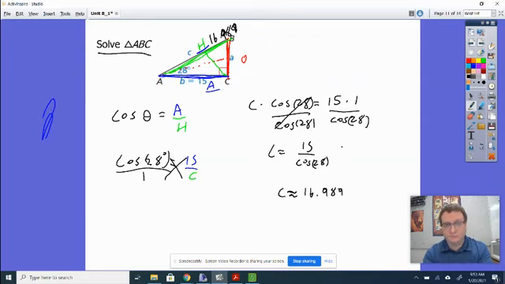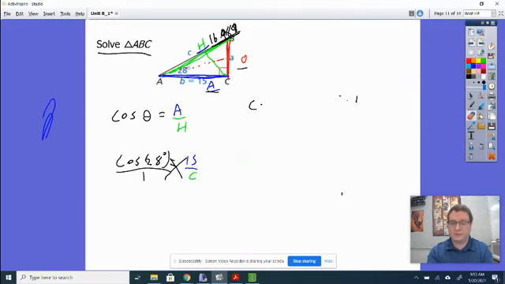I could do this again and use tangent, right? Opposite and adjacent. You always want to go back to the original number when you can, the given numbers, because it's going to give you a better answer. You always want to try to avoid using rounded numbers if you're using sine, cosine, and tangent, because a 0.1 difference can make a huge difference on our degrees. That being said, I could set that up. And this one isn't too bad, actually, because you're going to end up with your variable in the numerator.